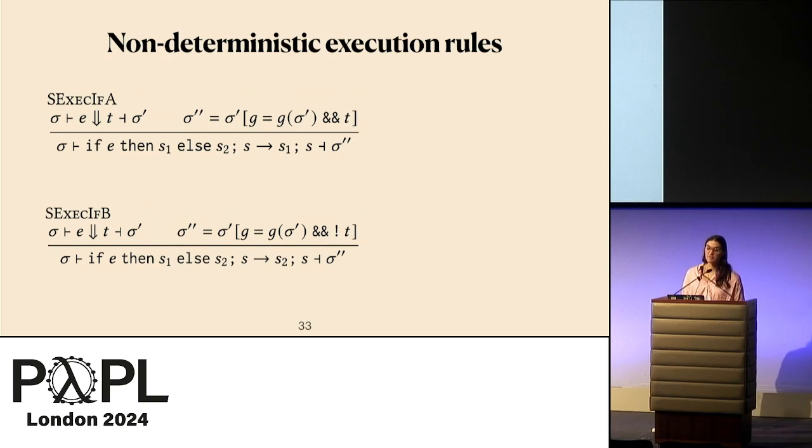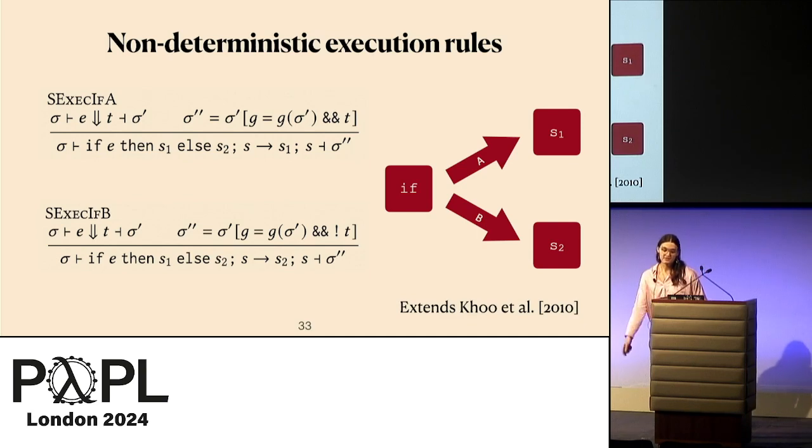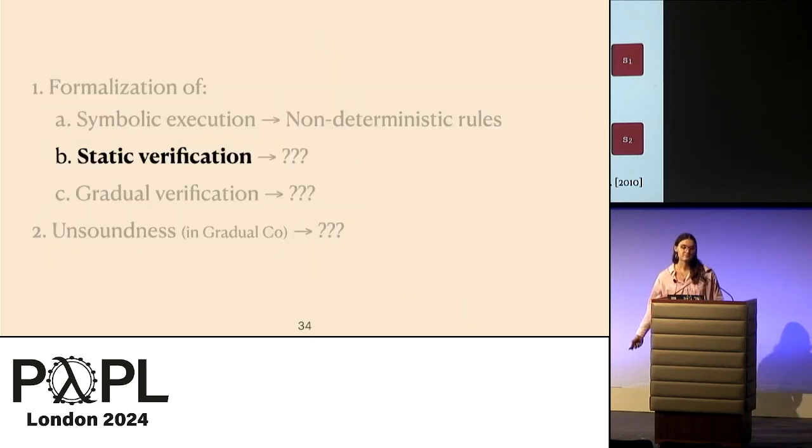So in this way, we've specified two ways to symbolically execute the same if statement, which corresponds to the two possible dynamic execution paths. This is similar to an existing formalization of a symbolic type checker by Qin et al., but we extend it to include execution of loops and other constructs.